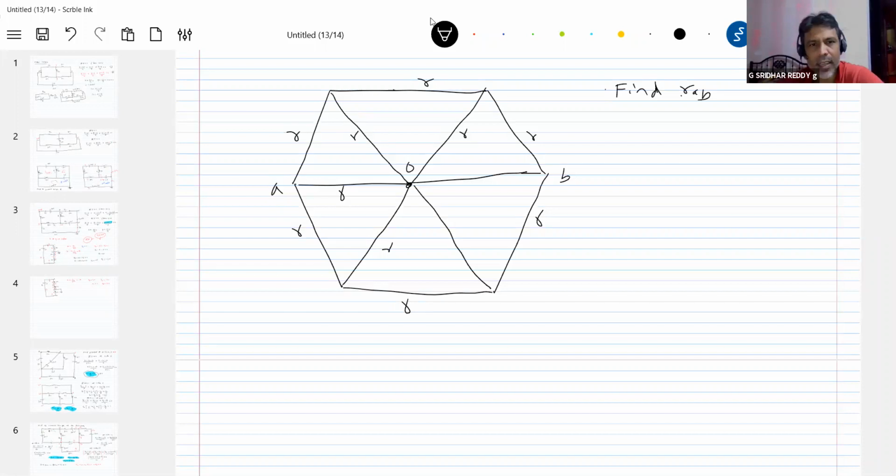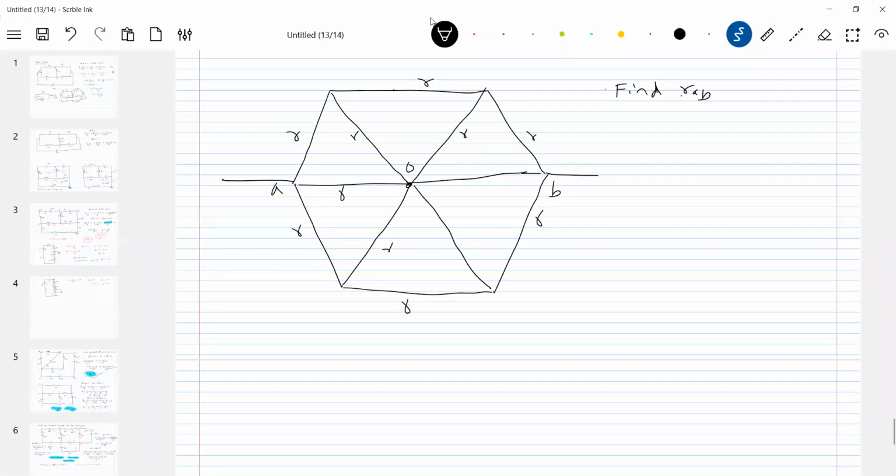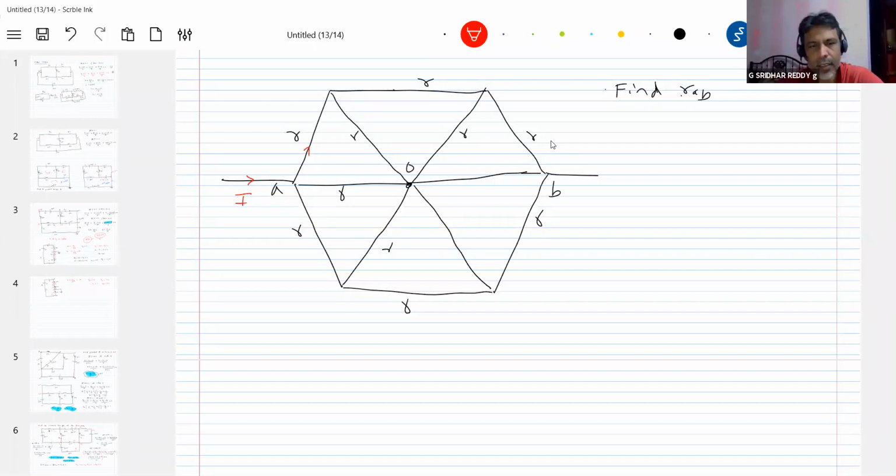Now, when I send a current I, I'm going to push a current I there. So here it will branch out. Let it be I1, and here let it be I2.